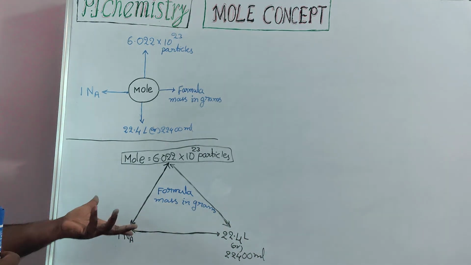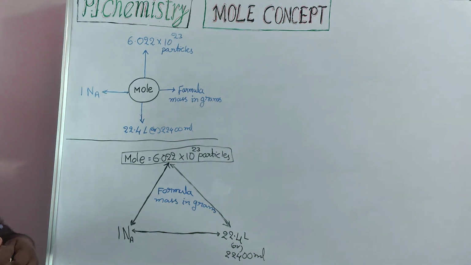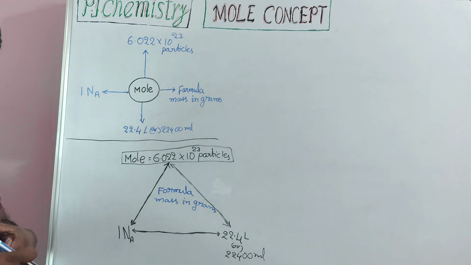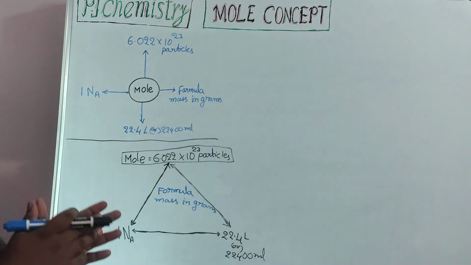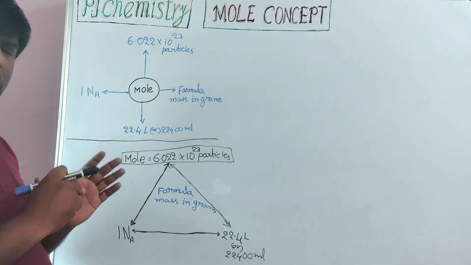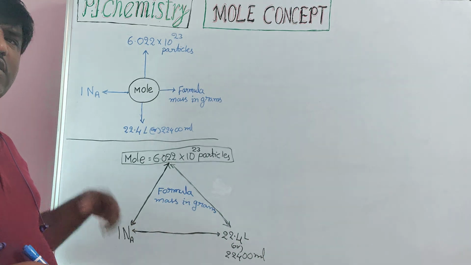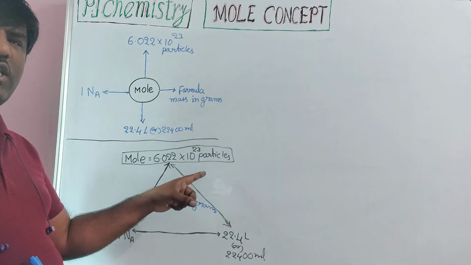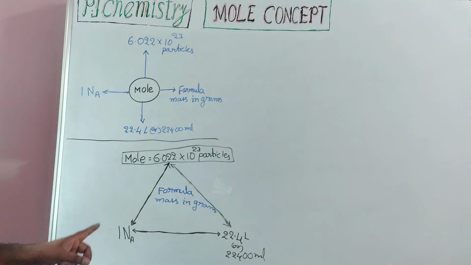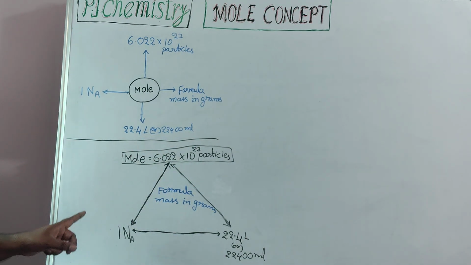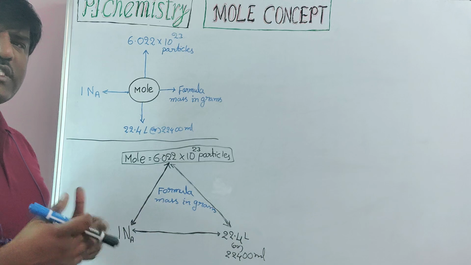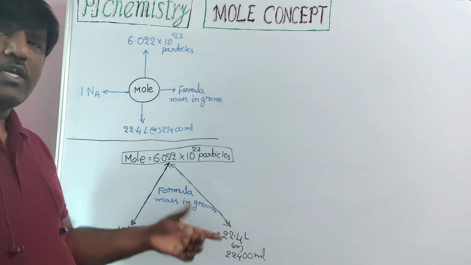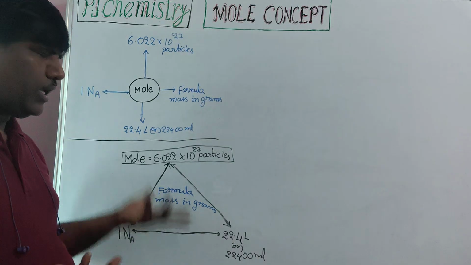CO2, its molecular mass is 44. In grams, 44 grams. 44 grams of CO2 is nothing but 1 mole. So 44 grams of CO2 contains how many moles? 1 mole. How many particles? 6.022 into 10 power 23 particles. How many Avogadro numbers? 1 Avogadro number. 44 grams of CO2, CO2 is a gas now, occupies how many liters? 22.4 liters, because it is 1 mole value. Like that.